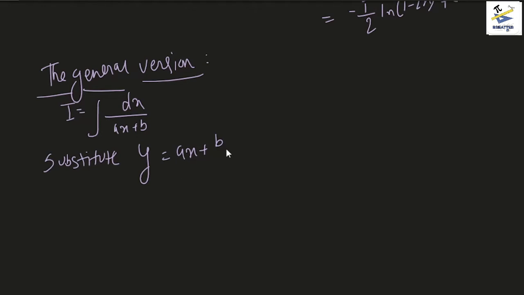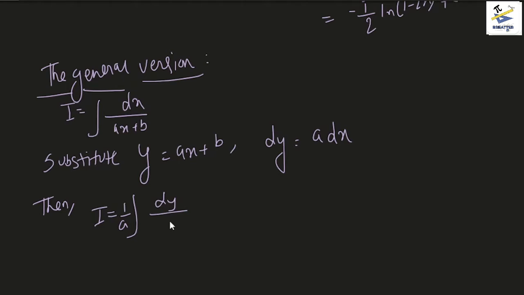Now when we substitute y equals ax plus b, we have dy equals a into dx, right? Then I should be equal to the integral of dx is dy by a, so put a 1 by a outside, dy here, and this should be y. So this would give you 1 by a ln of y plus c, and if you put back the value, it would give you 1 by a ln of ax plus b plus c, which is the answer.